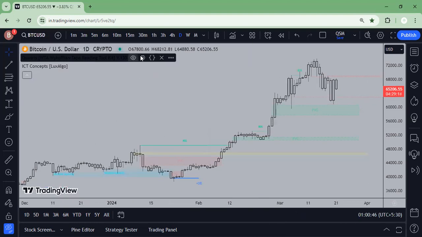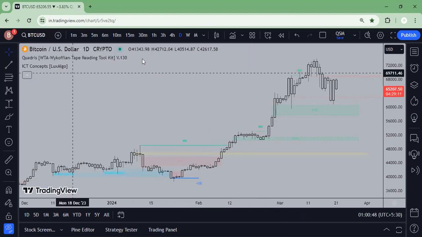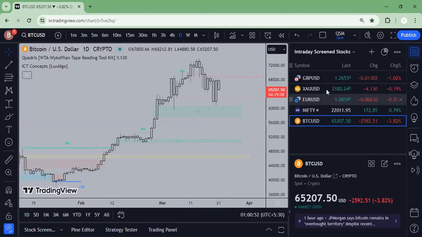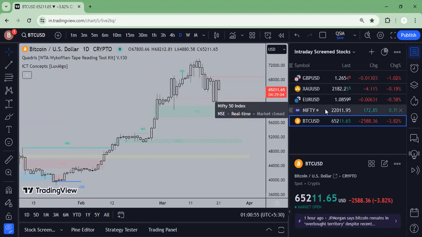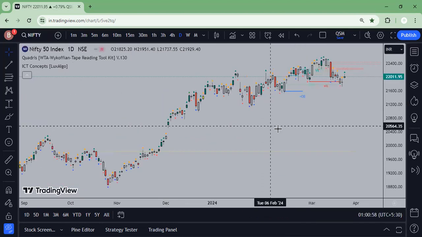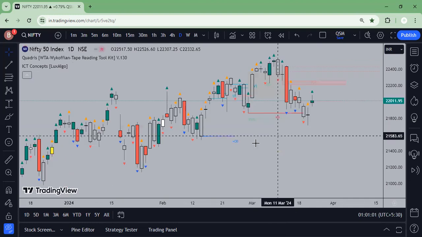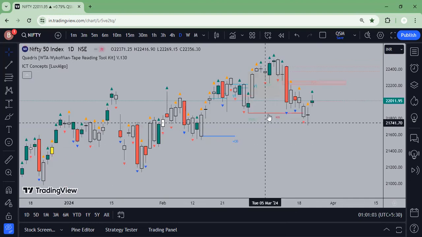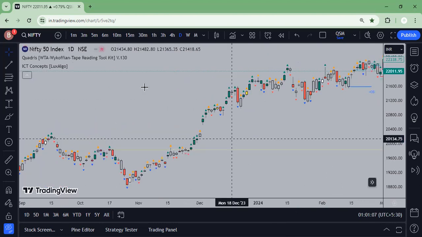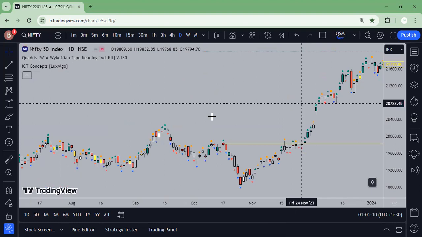For BTC, I had to make some changes. Index and indices are completely different. Nifty also, if you're using fair value gap and if you're using OB master structure, you can use it in this manner.